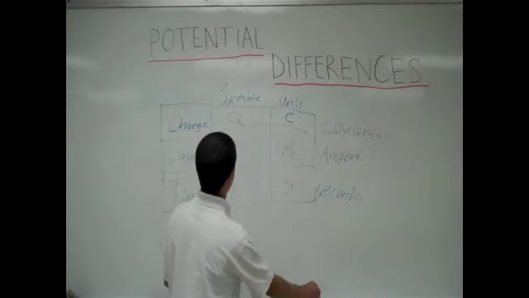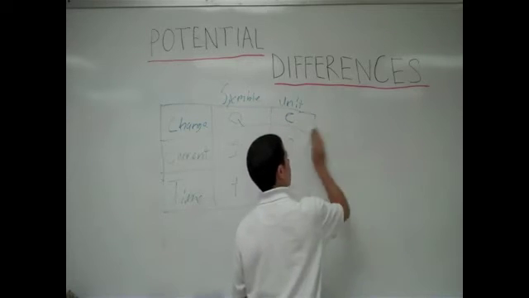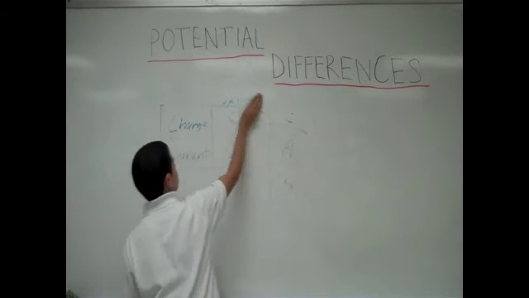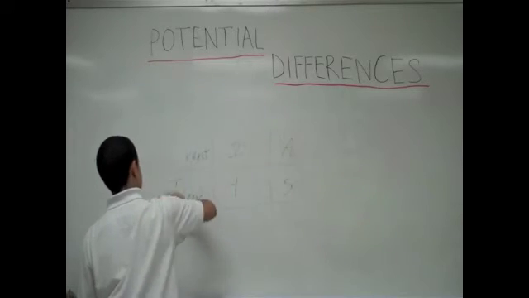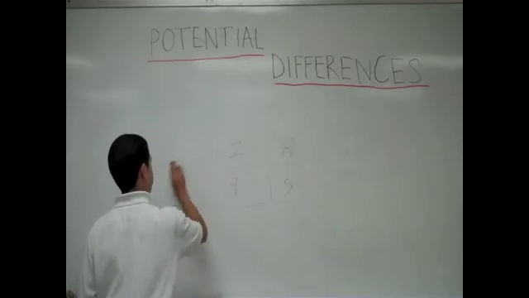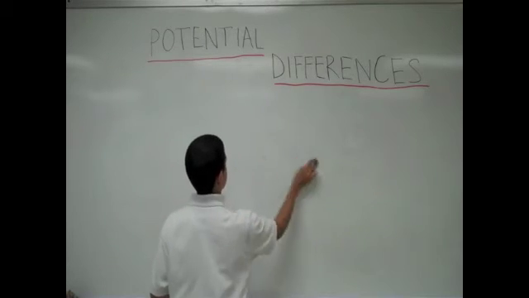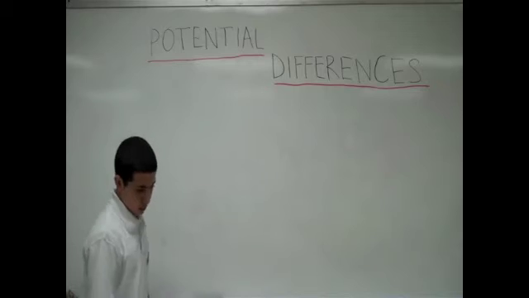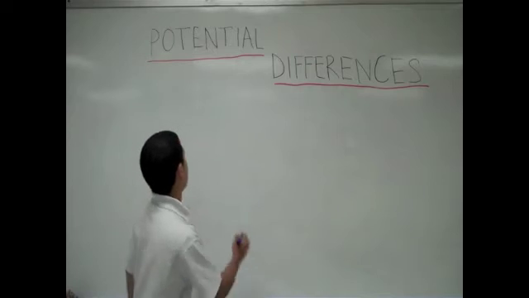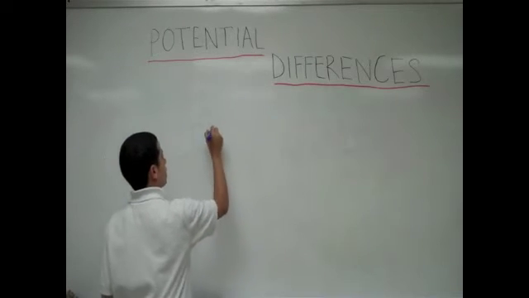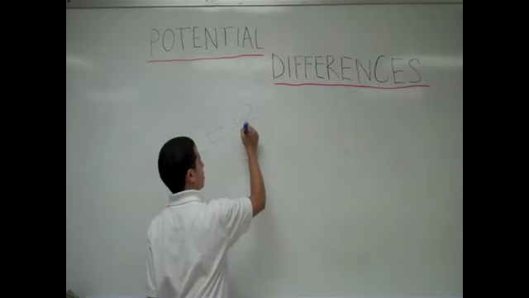So I'll show it here. I equals Q divided by T.